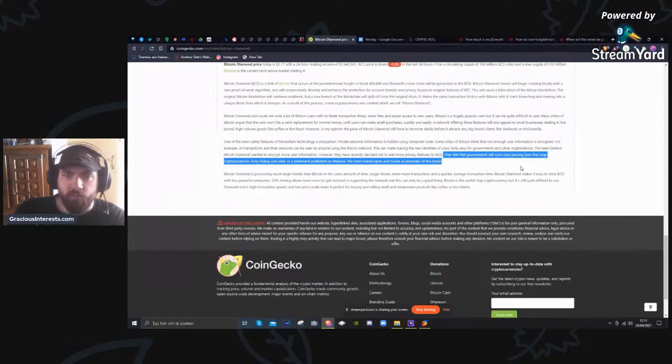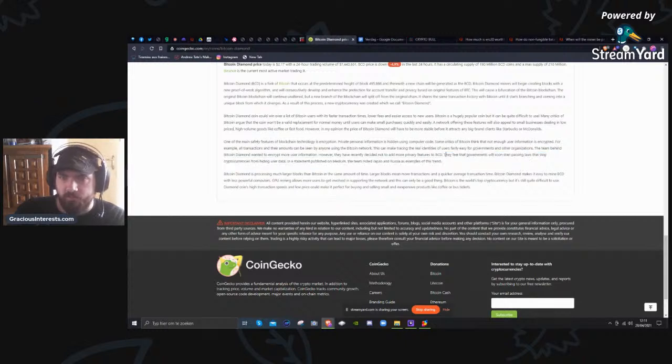You are anonymous. The only part where your ID can be attached to a private wallet is through centralized exchanges such as Coinbase, Binance, Gemini, Bitvavo, etc. So this really is a bit of a non-point.